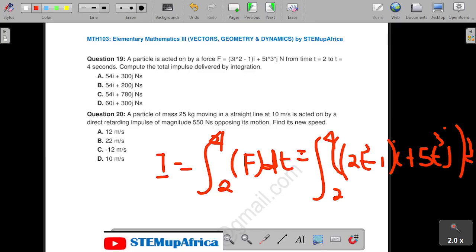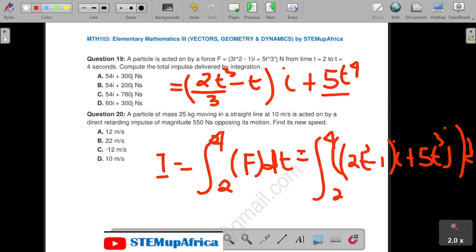So if I integrate this, what am I having? I'm going to have 2t raised to the power 3 over 3 minus t i plus 5t raised to the power 4 over 4 plus c.